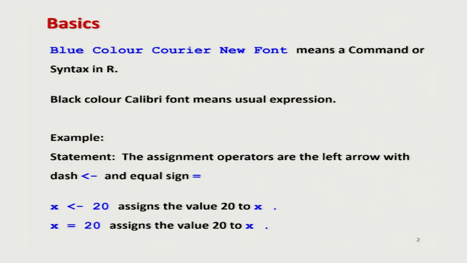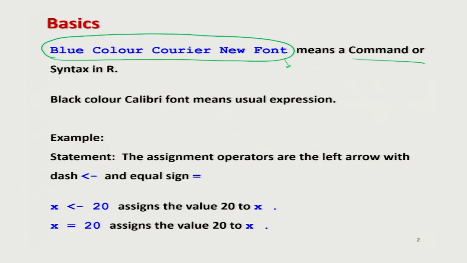Okay. Now after this you will see something which I am typing in blue color Courier New font. This will look exactly the same way as I have typed here. So when I write something in blue color Courier New font, this means this is a command which has to be executed in the R software.